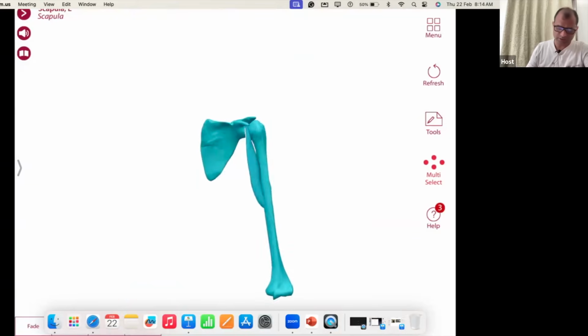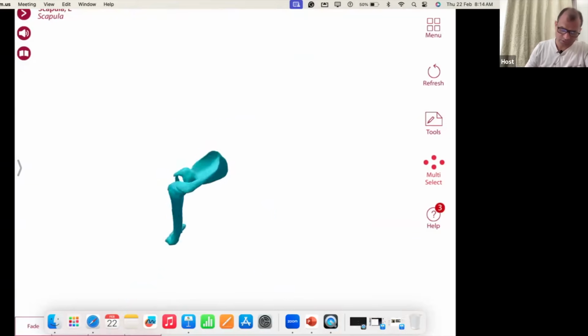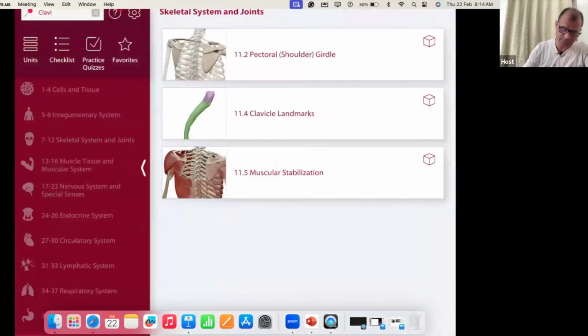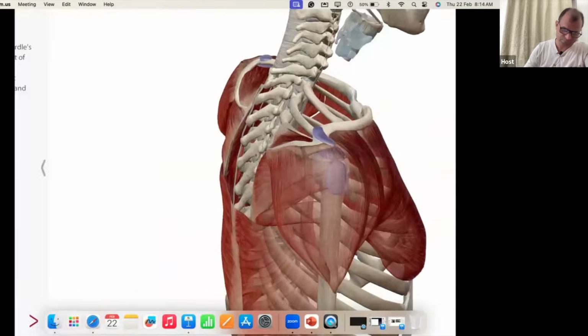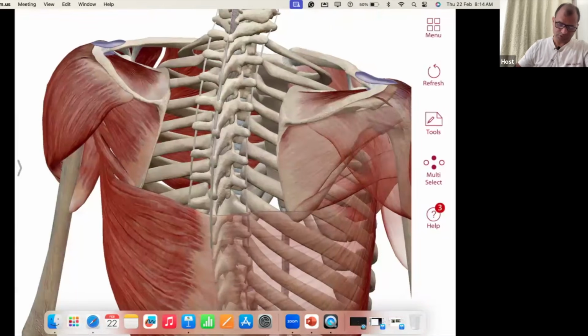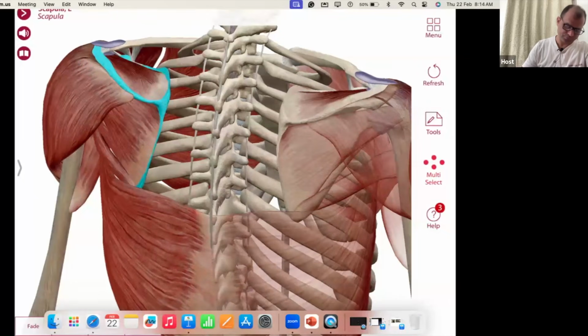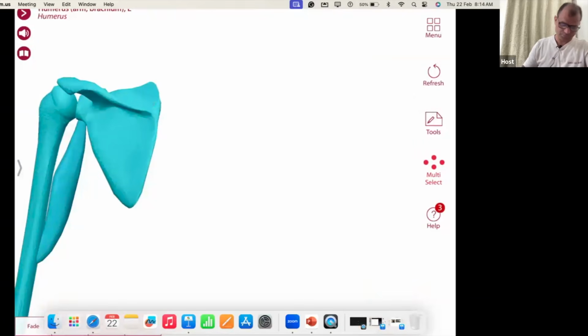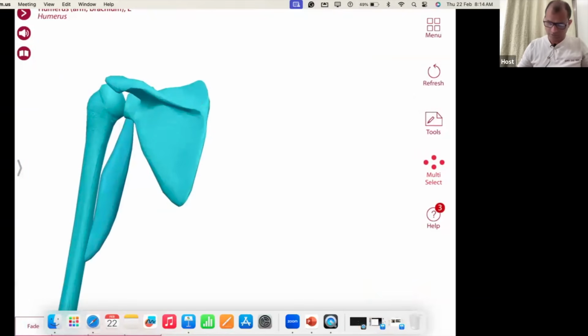We told you that the front part of the scapula is called the coracoid process.